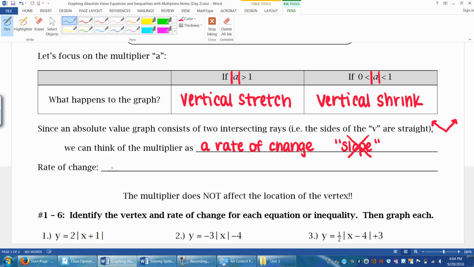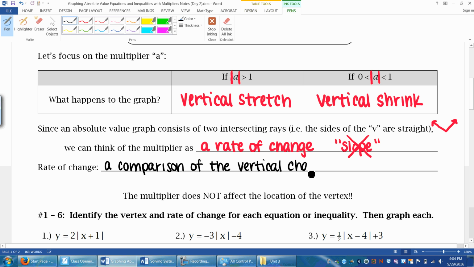And so the rate of change is a comparison of the change vertically to the horizontal change between 2 points.